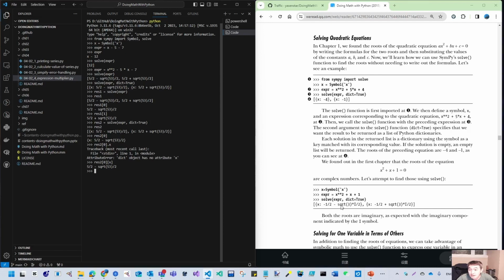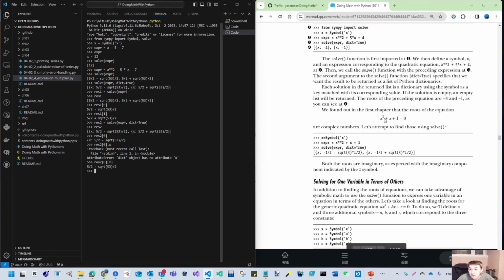So that is the way we can get it. And for some of these equations, there's no real number value. Then what you get is a complex number, where you also have the imaginary components.